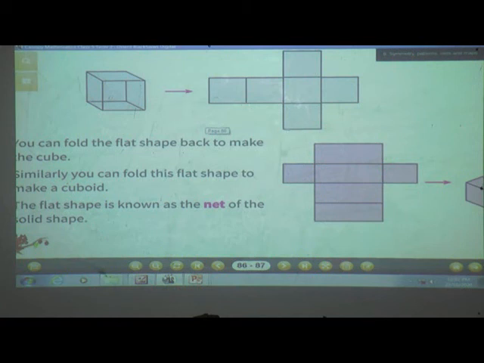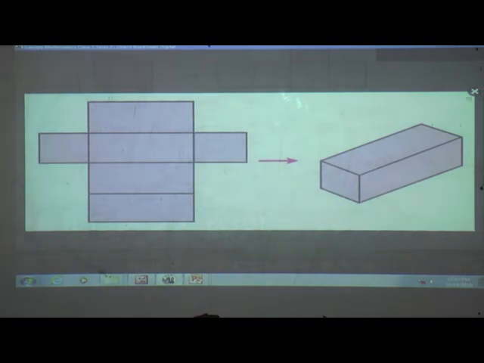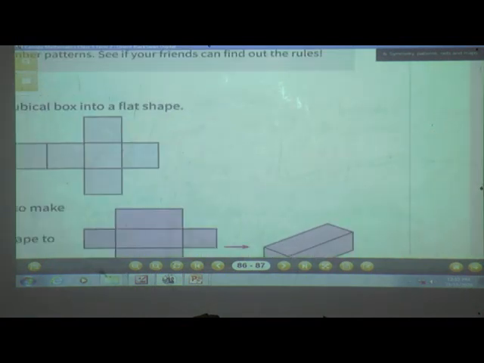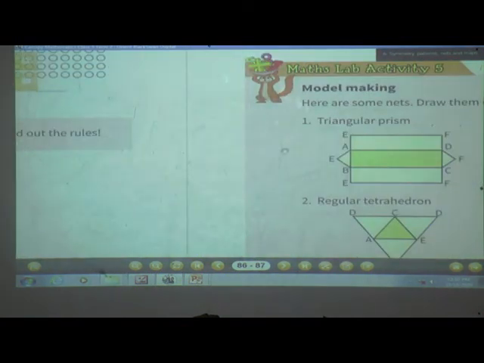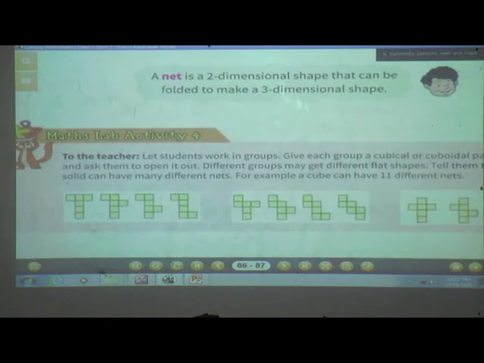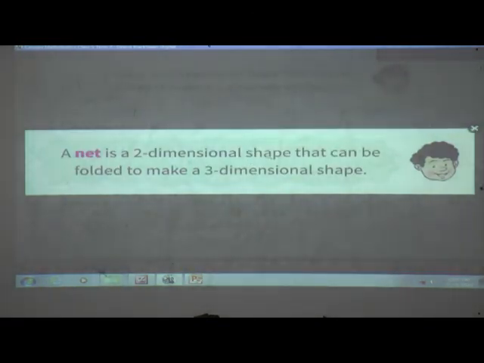Now students, see next page, page number 87. Here, a net is a 2-dimensional shape that can be folded to make a 3-dimensional shape. This is the definition of a net.